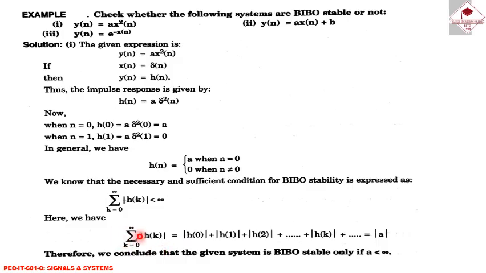So we can write the summation of k equal to 0 to infinity mod value of h[k], that is h[0] plus h[1] plus h[2] plus dot dot dot h[k], that is equal to mod value of a. Therefore, we can conclude that the given system is bounded input bounded output stable only if a is less than infinity.